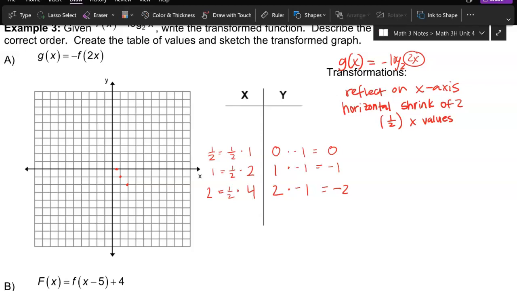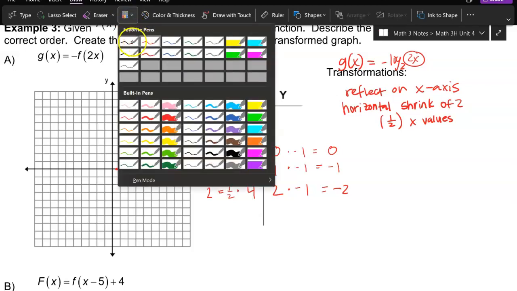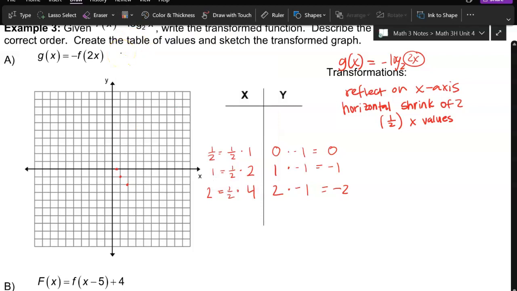So our parent function, remember, it's going to be this. So it's going to flip that on its side around the x-axis.